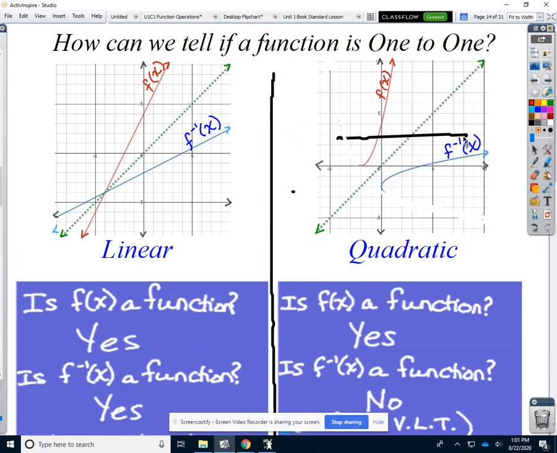And that means that it is one-to-one. I can double check and use my vertical line and make sure that it only touches the blue in one spot. Let me fix this up a little bit.